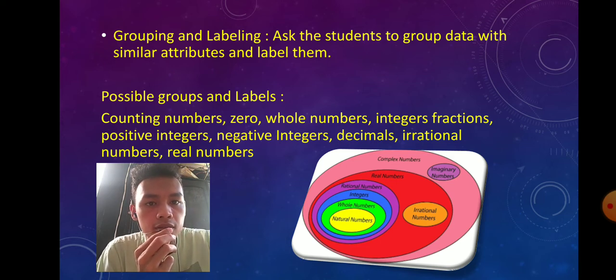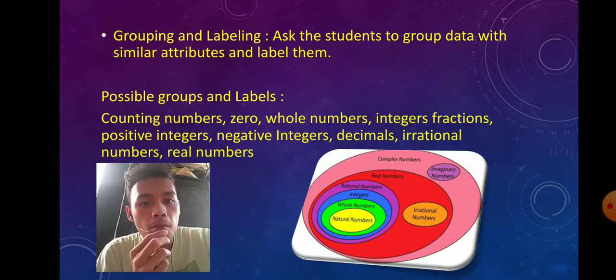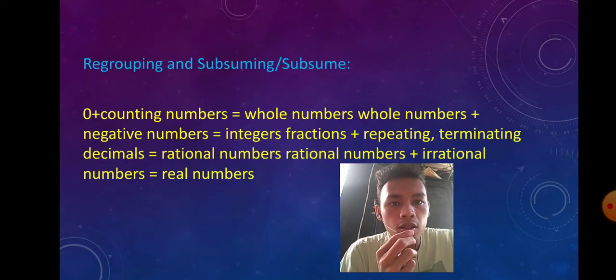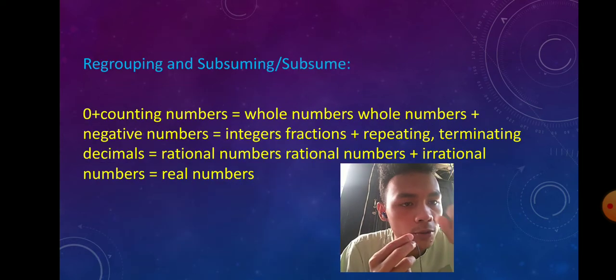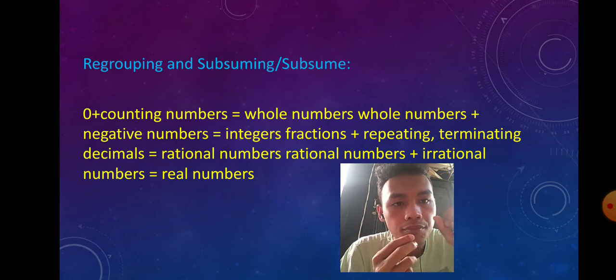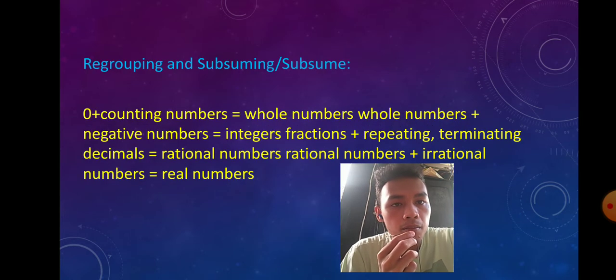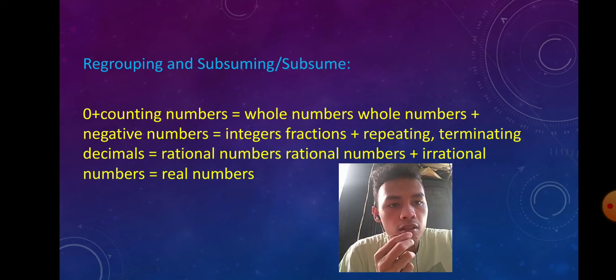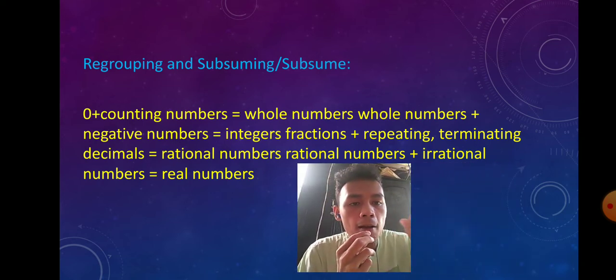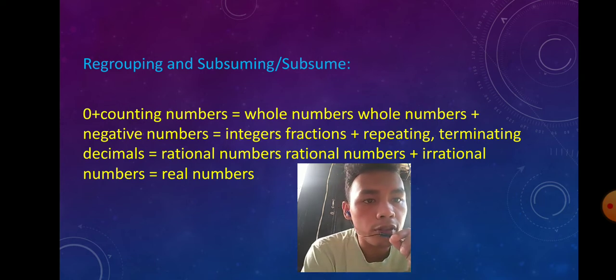After they group it, they also need to label it after we present those kinds of names. Then the regrouping and summation. Regrouping is also similar here, but in the next one it is a form of regrouping only.